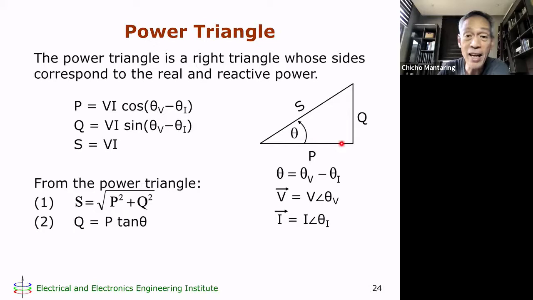P is just S times the cosine of this angle, and Q is equal to S times the sine of this angle. So that's really all you have to remember, this power triangle. Are there any questions so far?